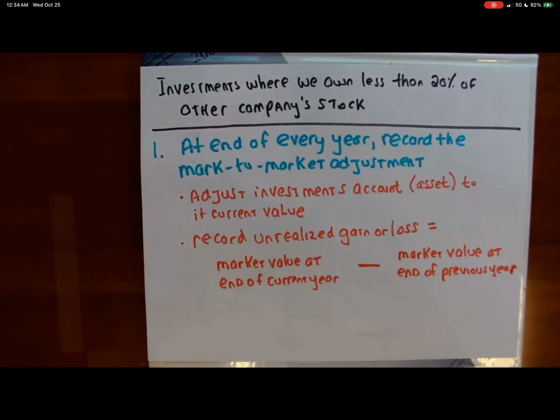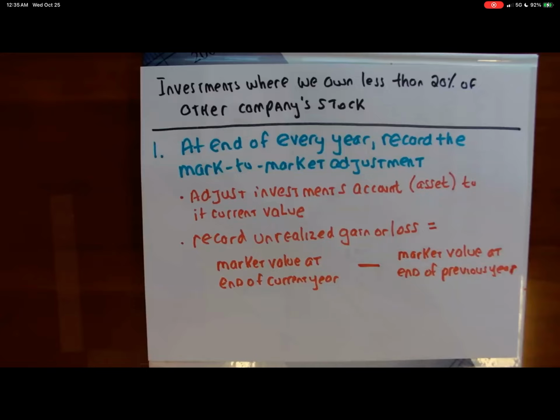Well, in that case, they've gone from 6 to 10. So we would have a $4 unrealized gain. The unrealized gain or loss is just accounting for the change in value of the investment. So one thing that we have to do is the mark-to-market adjustment, which will adjust the asset account to its current value and record an unrealized gain or loss.